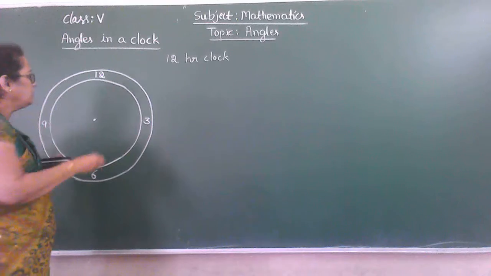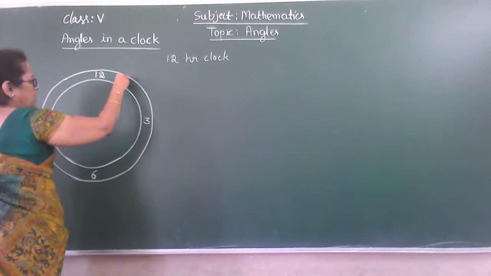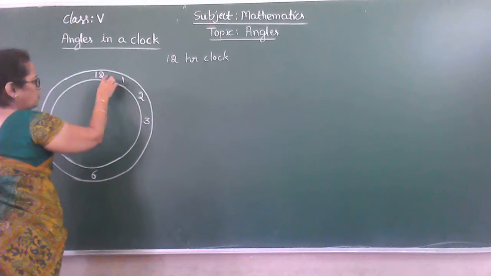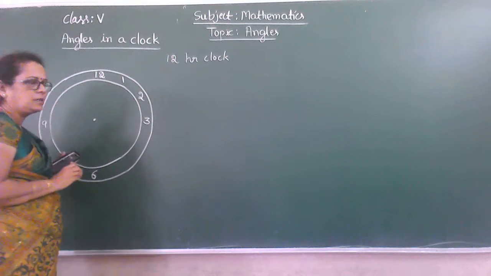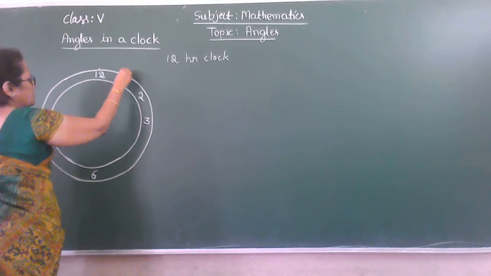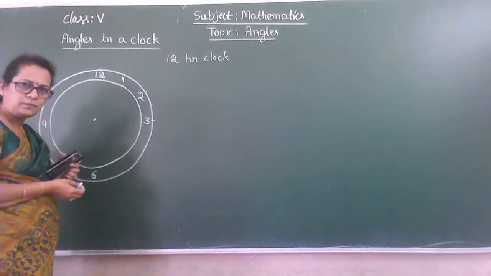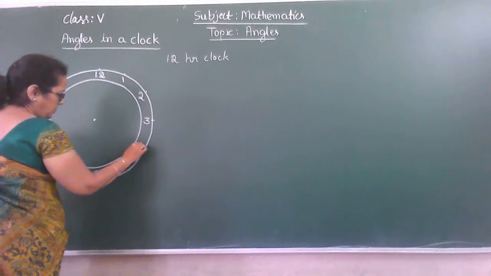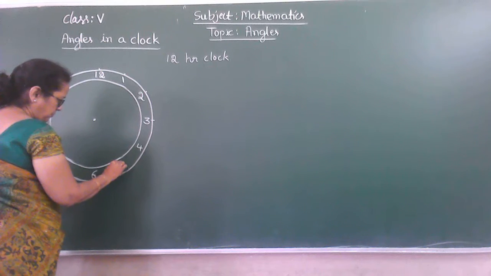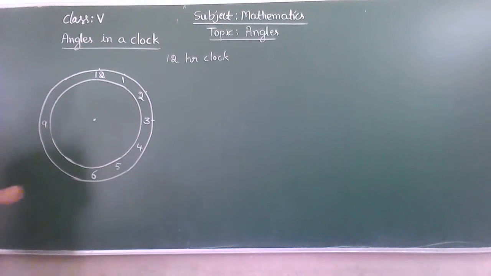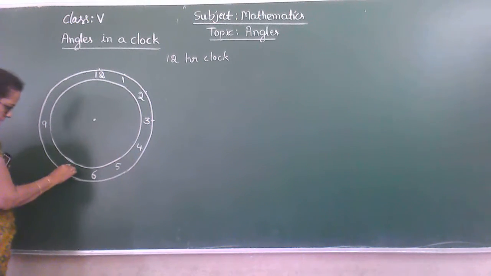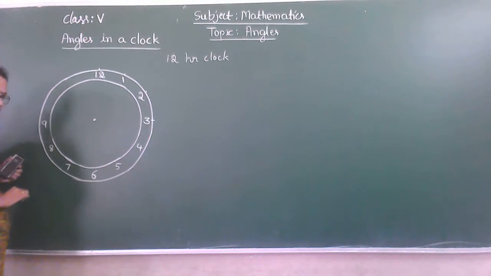In between you write 1 and 2. See, it should be equidistant, the same length. Next is 4, next 5. Here 6 is there, 7, 8.